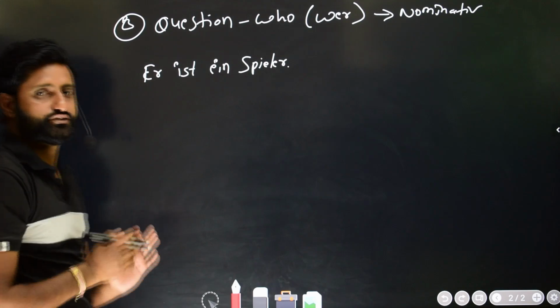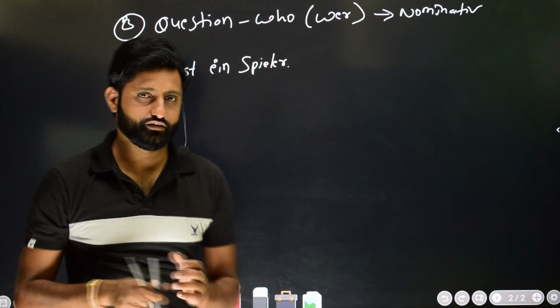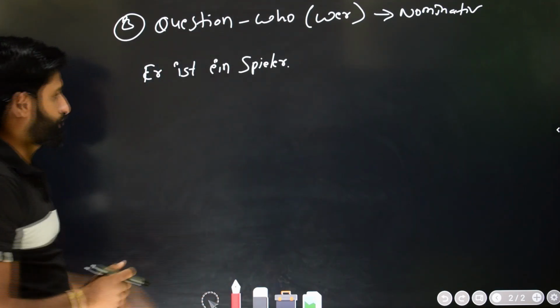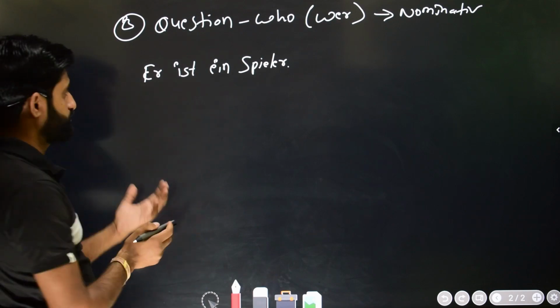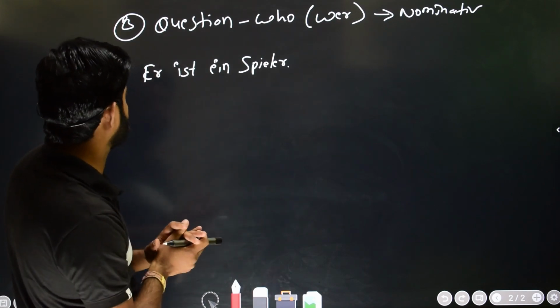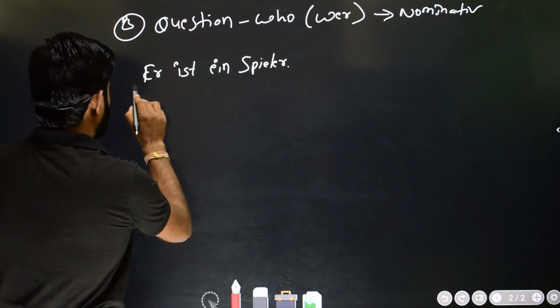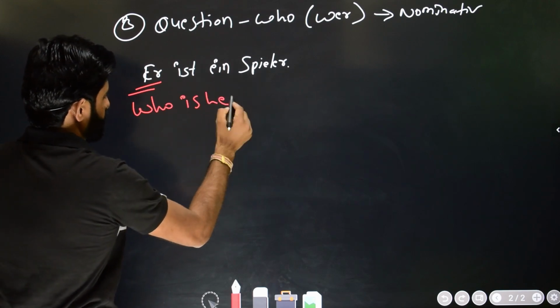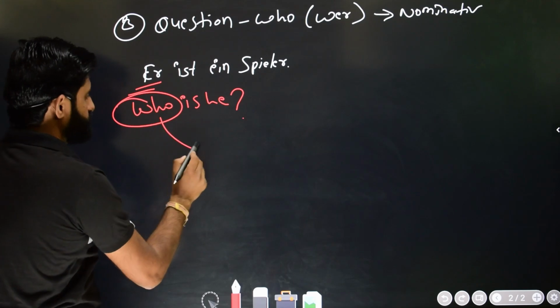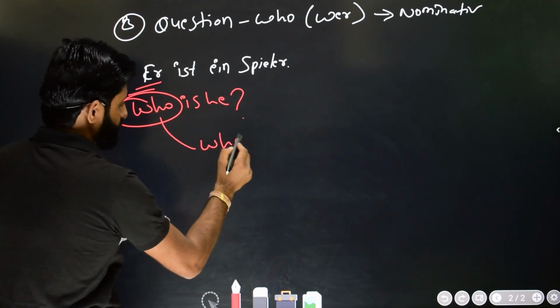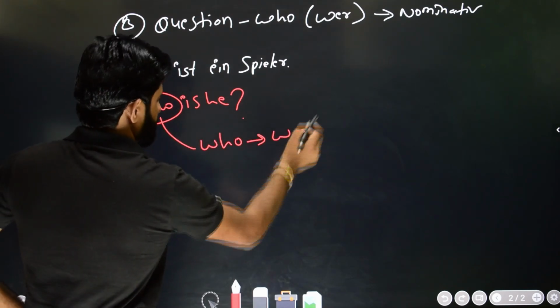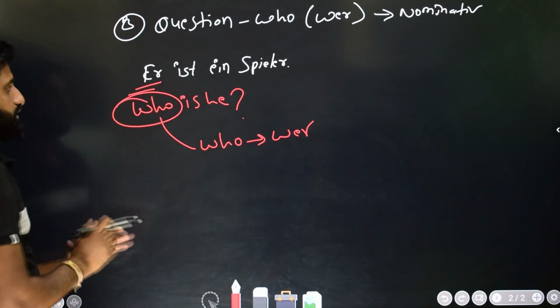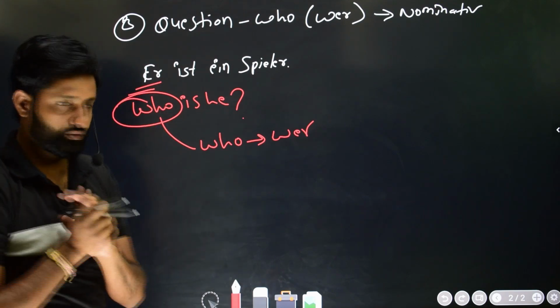Er ist ein Spieler means he is a player. Here if I ask you to frame a WH question, then you will make the sentence like: who is he? So here the question is with who, that is wer. That's why we can say that this sentence is nominative.